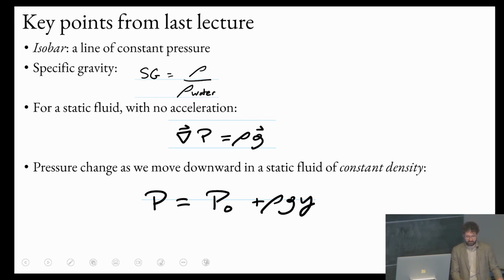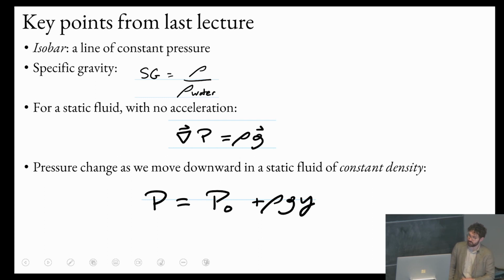The pressure gradient is directly equal to rho times g, so that's a vector equation, and it tells us that the direction of pressure change is aligned with the direction of the gravitational field. So in other words, say for a cup of water, if the gravity field points down, the pressure gradient is aligned downward.